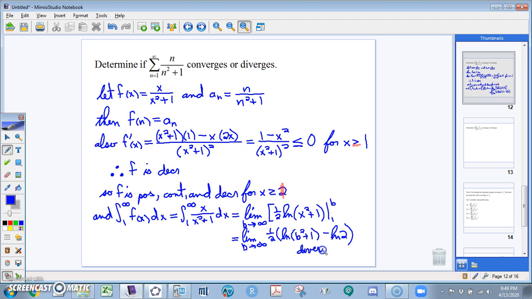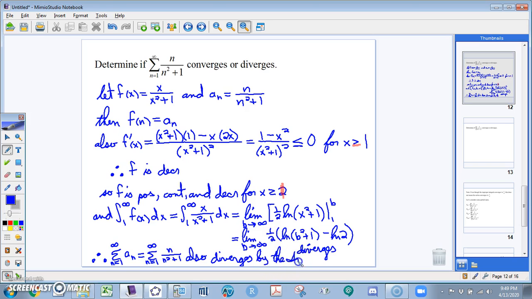So that diverges. And therefore, the series that I was looking at, from n equals 1 to infinity of a sub n, which is the series of n divided by n squared plus 1, also diverges by the integral test.